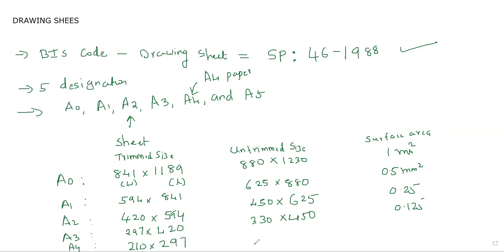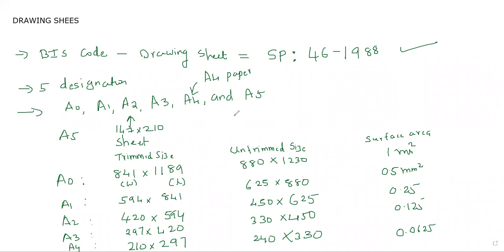The untrimmed size is 240 by 330. The area is 0.0625. Here I am going to write the last one. So please make a note, A5. Let me write the trimmed size, that is 147 by 210.